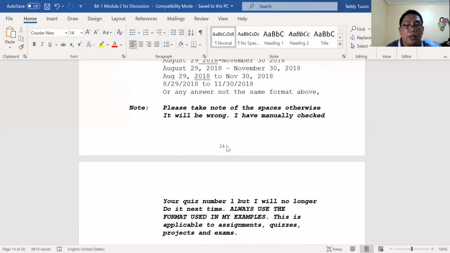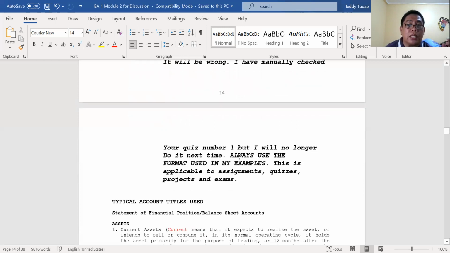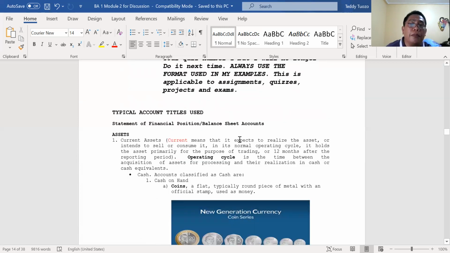There will be no other answers. It would be difficult for me. I already use Flare for quizzes so it is easier to check. Then you will be giving me other answers that are not that of my example. Then, of course, Flare will mark you wrong. This is applicable to assignments, quizzes, projects, and exams.